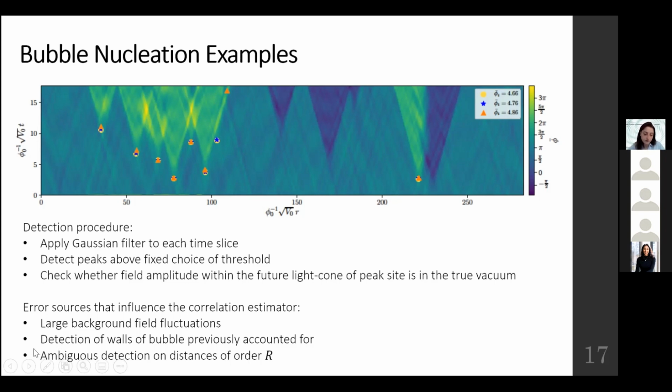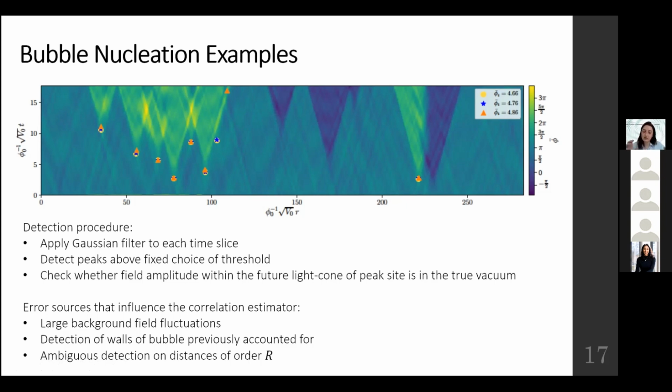Another type of error is when you miss out on bubbles. It's the opposite case. You get a false negative, but almost without fail, these happen at very, very small separations from bubbles that have already been accounted for. So the process that you can imagine is that two tall peaks are headed towards each other, and they collapse and form a bubble.